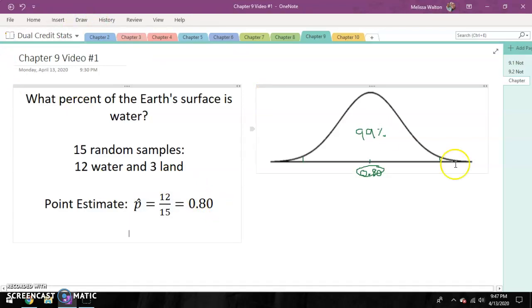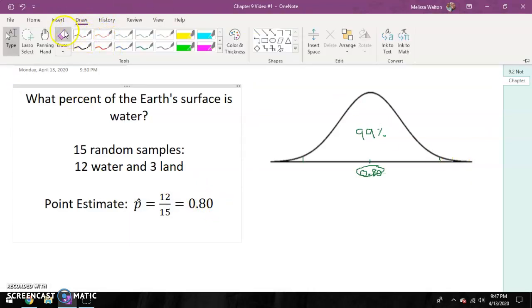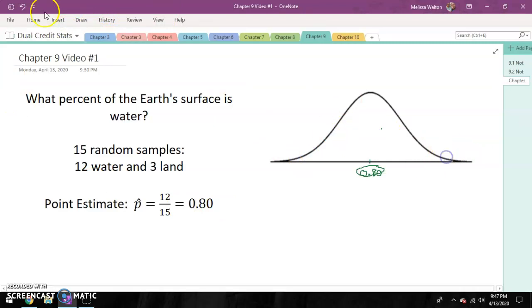All right, so let's go ahead and talk about what this means to have a confidence interval. I'm going to go with a 95% confidence interval. We're going to talk about how to calculate these in the next few videos. What does this interval mean? Well, here is what this means.